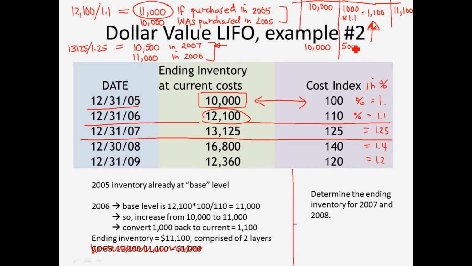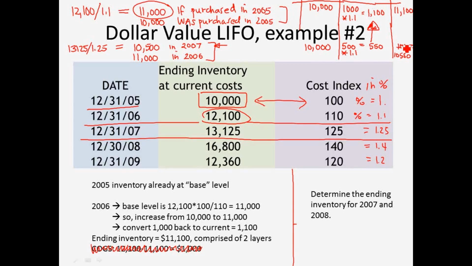Not 500 units, but $500 worth of this stuff. But again, I didn't buy that stuff in 2006. I bought it in 2007, and so it cost me 1.1. And so my ending inventory is 10,550.